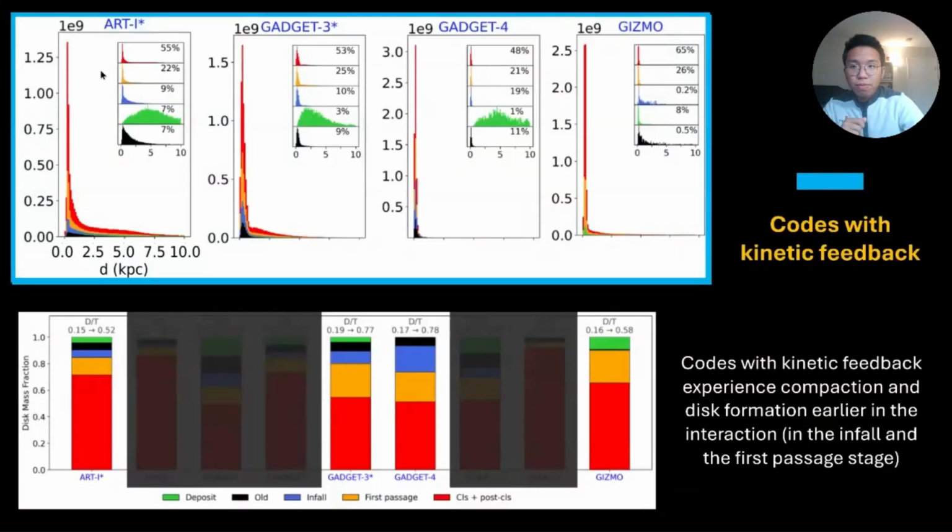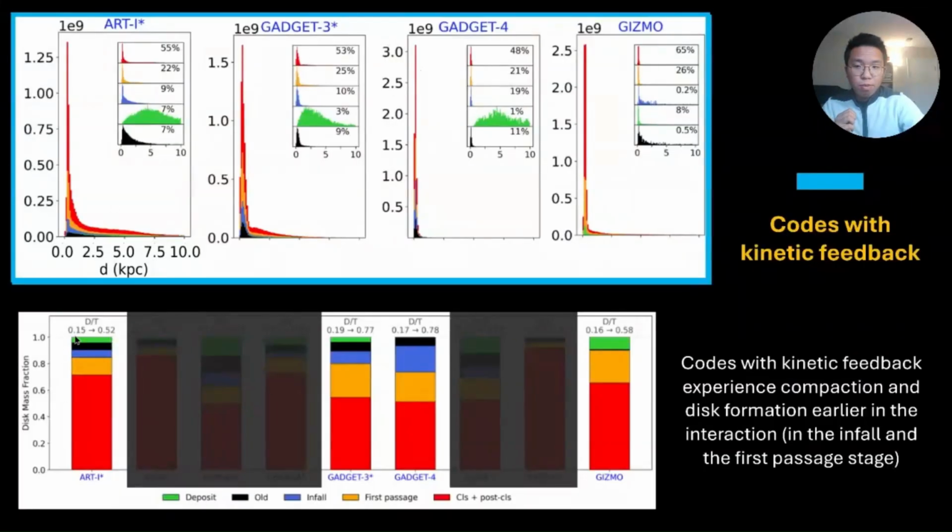So here we have the stellar radial mass distribution for codes with kinetic feedback. And we see that compared to the old stellar populations, the distribution becomes more compact around the first passage stage, which is the yellow distribution here.